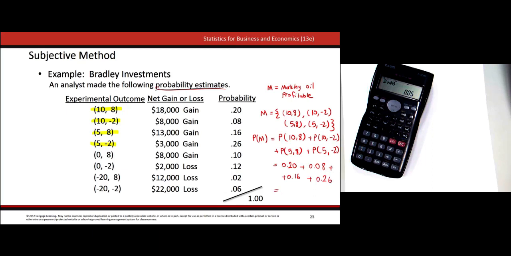So then what's the probability of this event? 0.7.